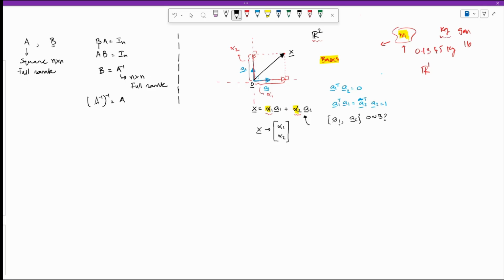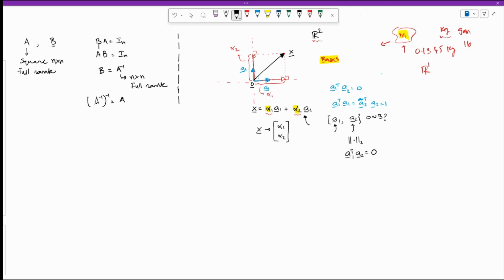If it's orthonormal, then the individual vectors will have length 1, measured by the 2 norm, and their standard inner product is 0. They are orthogonal to each other.